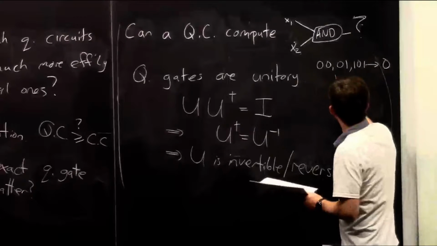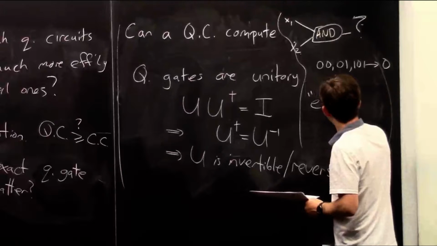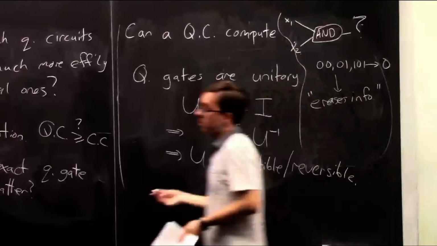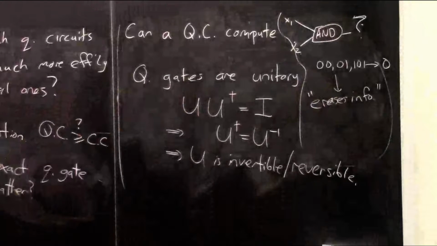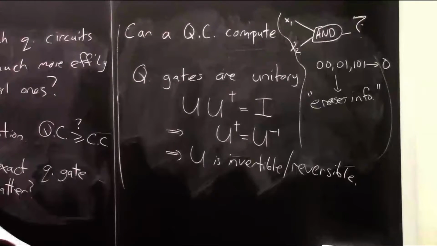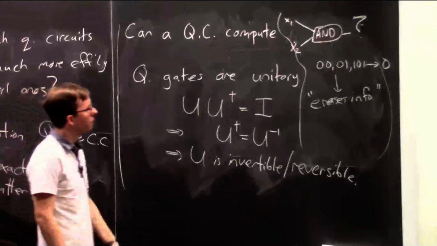So an AND gate erases information. And that's not possible with quantum gates. So that's why it's not completely obvious that quantum circuits are at least as powerful as classical ones.